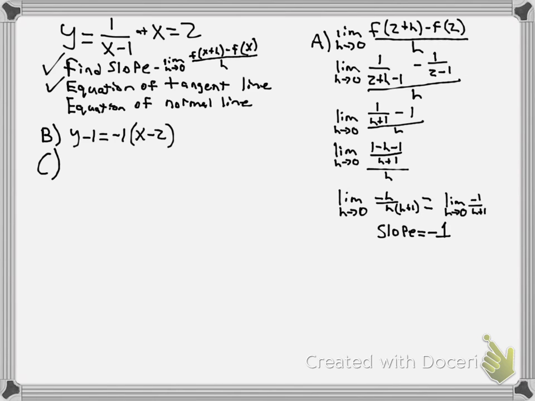A positive 1, because the product of negative 1 times 1 is negative 1. Definition of perpendicular lines. So I've got y minus 1 equals x minus 2. Stop right there. If you want to put that slope in there as a 1, that's fine too. That doesn't hurt a thing.